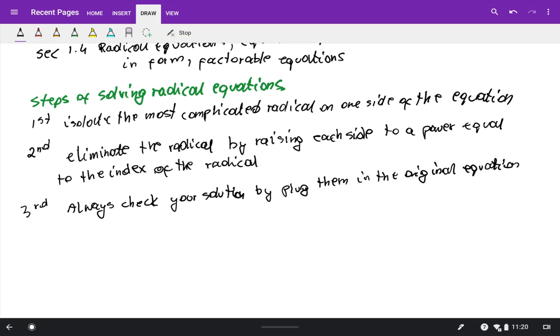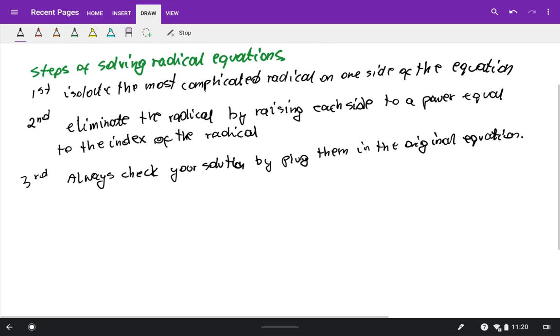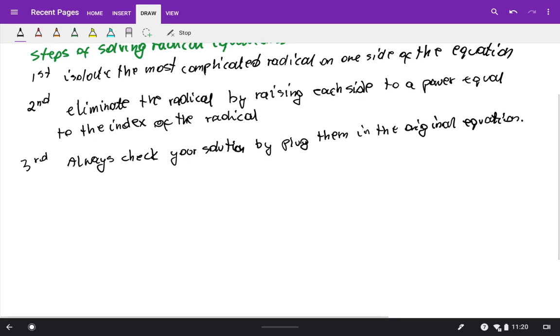I know that we're skipping that, checking our work, but with radical equations, many times you have extraneous solutions, which we call fake solutions. So you want to check if your solution makes sense by plugging it into the original equation.